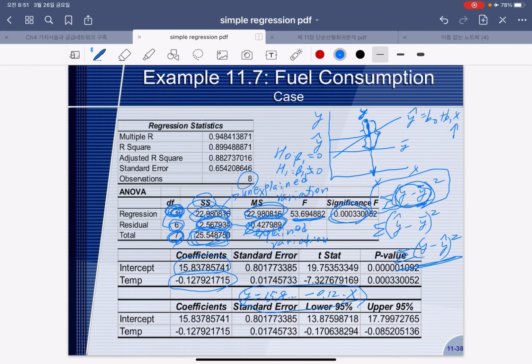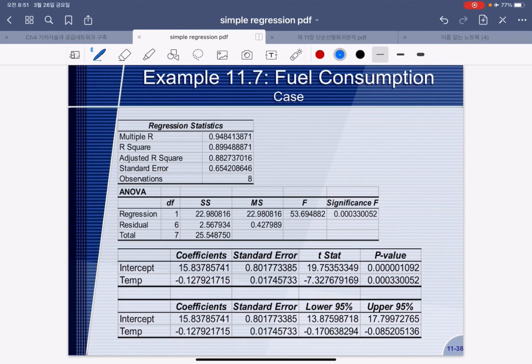And in this case, I'm not going into computing the standard error, but let me talk about p-values. These p-values are used for hypothesis testing, right? Let me talk about this one first.